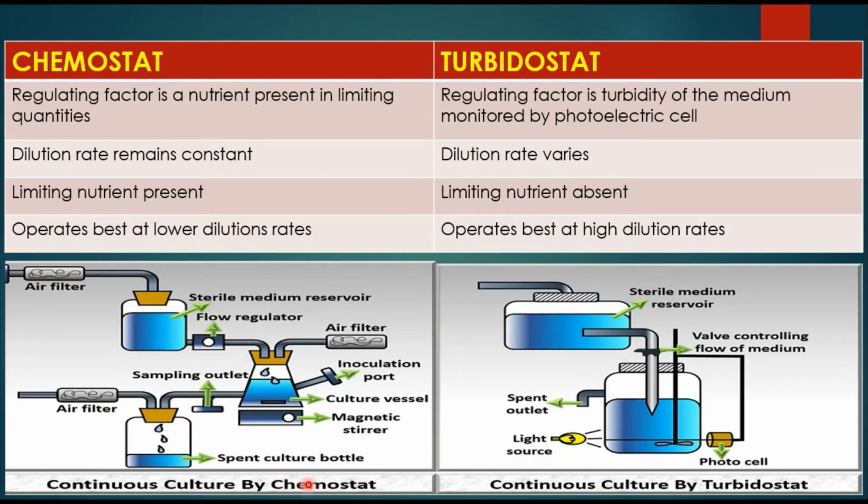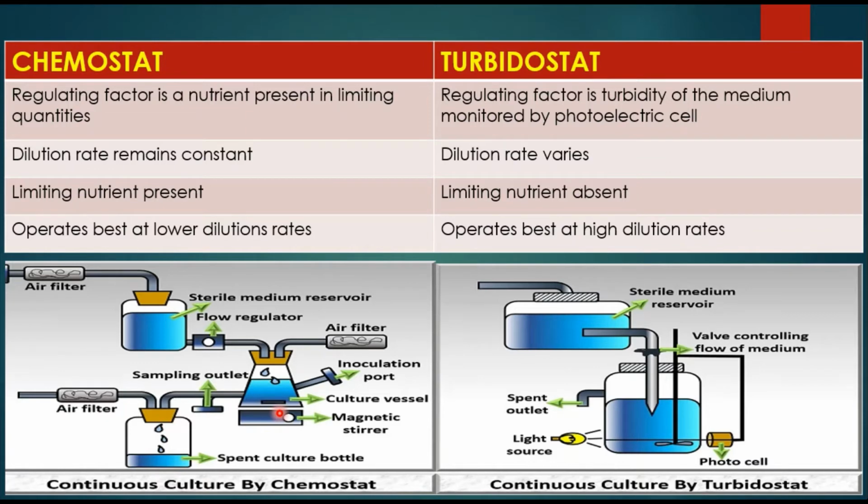Coming to the chemostat, this is the most common type of continuous culture device, and the chemostat permits control of both the population density and the growth rate of the culture. It is constructed so that the sterile medium is fed into the culture vessel at the same rate as medium containing microorganisms is removed.